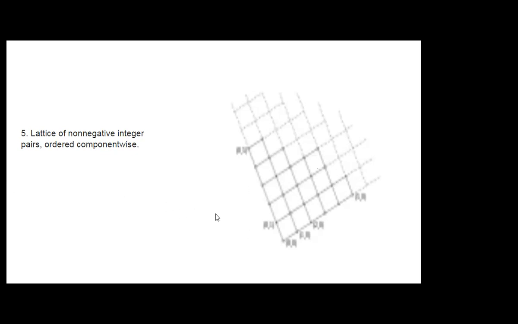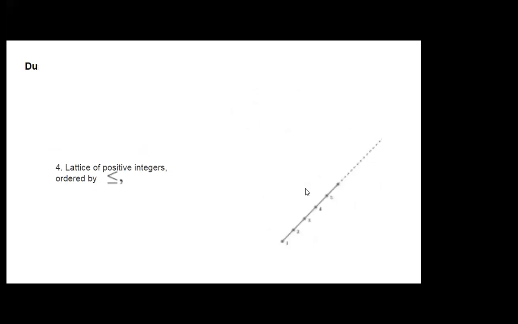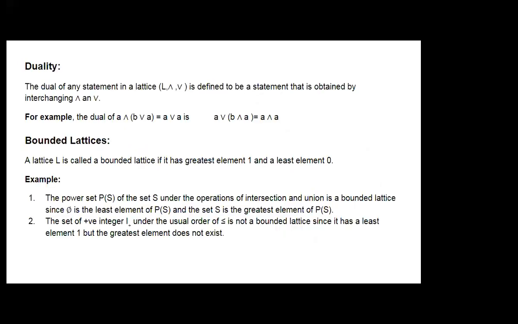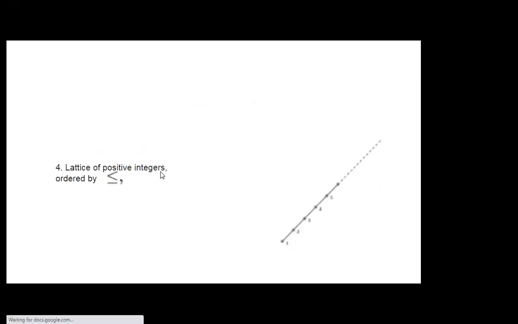So this lattice will be called the lattice of non-negative integer pairs. Okay. So these are the examples of this lattice.